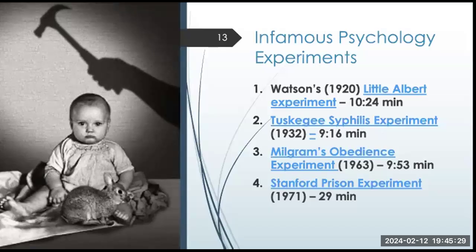All of these have to do with ethics, questionable ethics. That's why we're talking about it. What I want you to do is go back to those five APA principles and think about how each of these studies attended to them or did not attend to them. That's really what it boils down to.